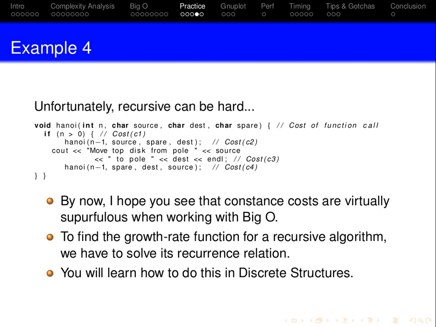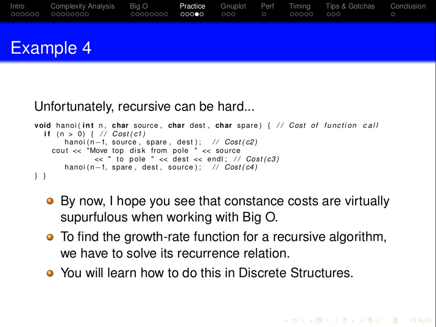Anyone? It's a simple function. What are we doing? Hanoi. If n's greater than 0, you call Hanoi n minus 1 and then n minus 1 again. By the way, I'm not going to expect you to fully understand this, but I'll expect you to be able to recognize it.